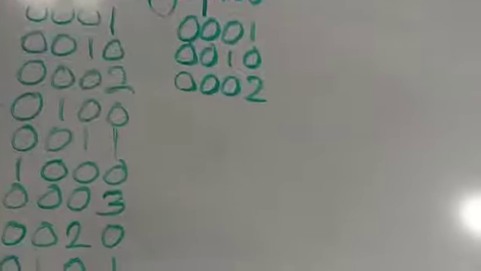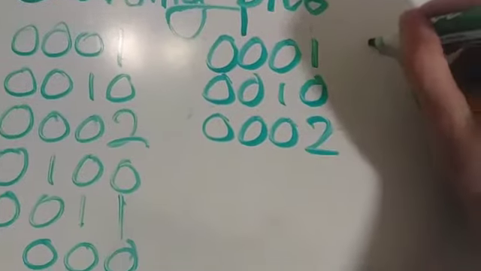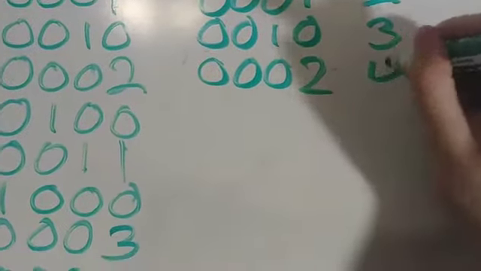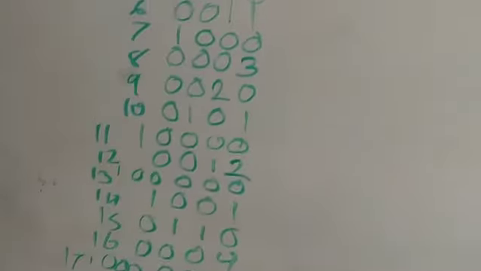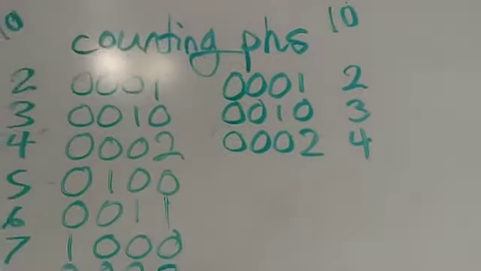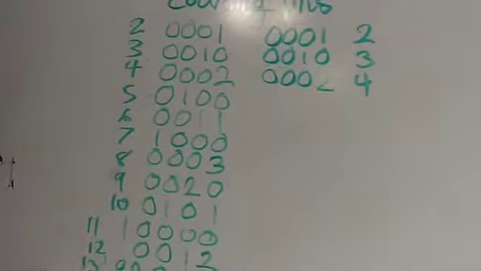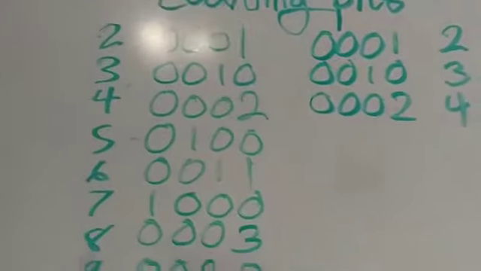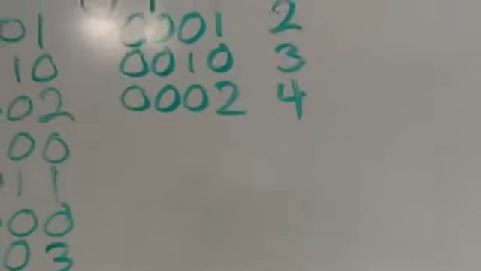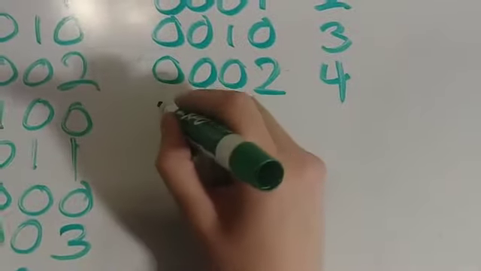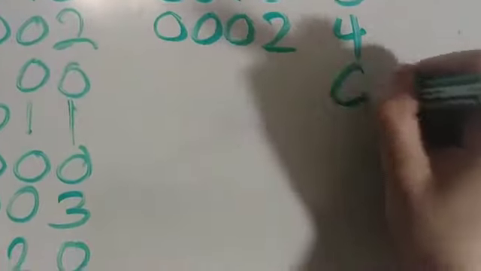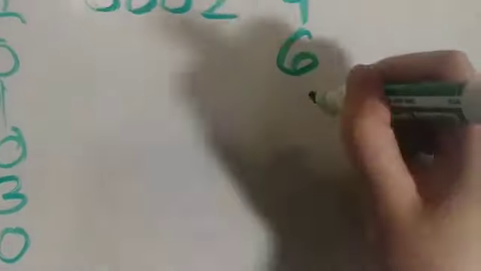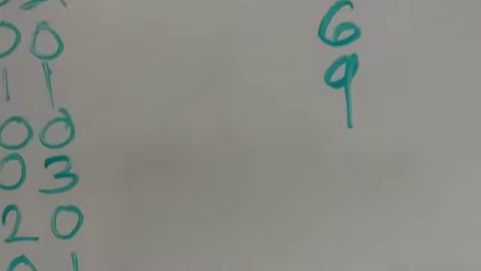Okay, that looks a little bit sloppy, but whatever. Over here we have 2, 3, 4. So far it's 2, 3, 4. And that makes sense because that's what ordinary counting is. But after 4, for some reason, I decided to make the next number 6. And then after 6 comes 9.